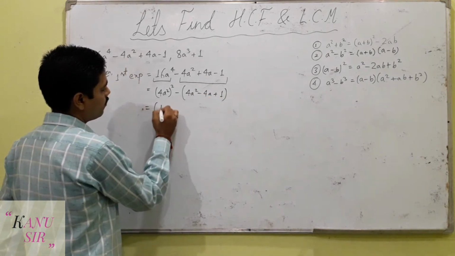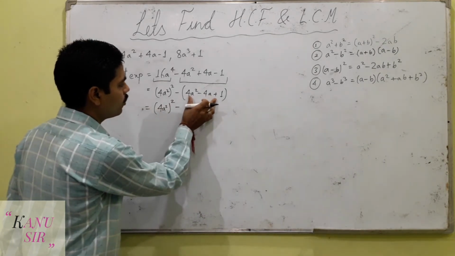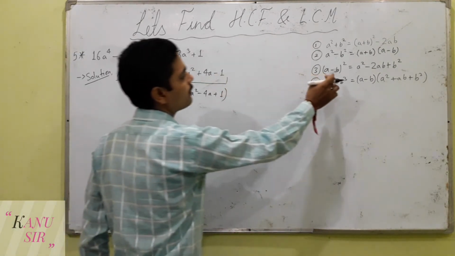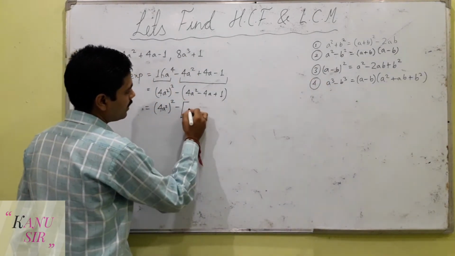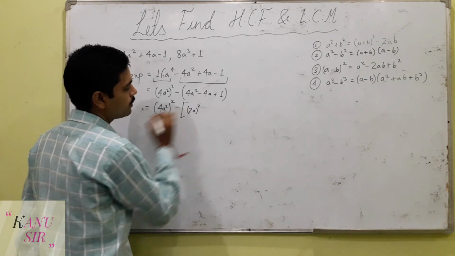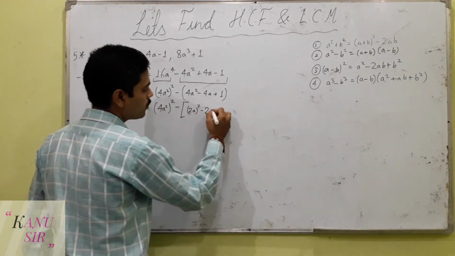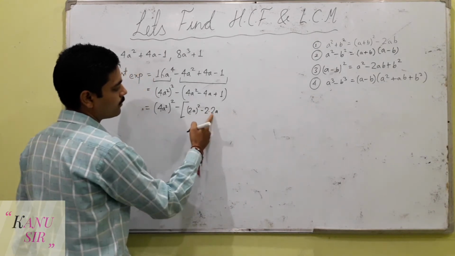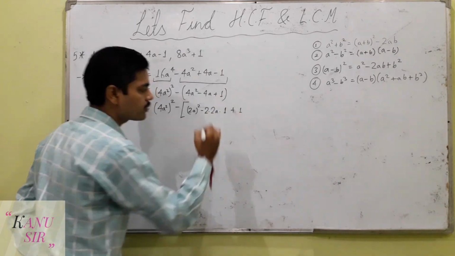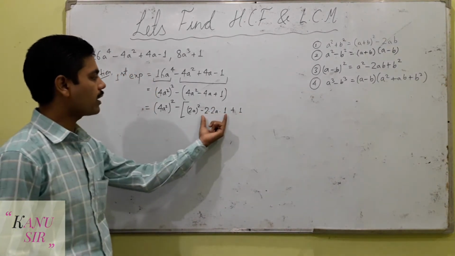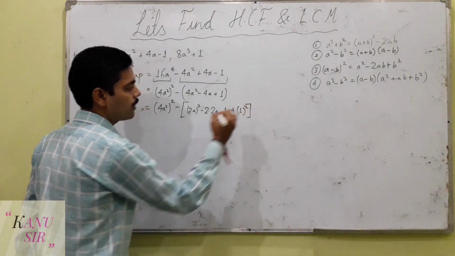Again, 4a square whole square minus, you can check here, they go in a whole square form of a plus b whole square or a minus b whole square. 4a can be kept as 2a whole square minus 2 from the formula, and if you break 4a, then it looks like 2 times 2a. Because there is 1, you can put 1 by your side also, because 1 will not affect the value of 4a here, and you can keep 1 as 1 whole square.